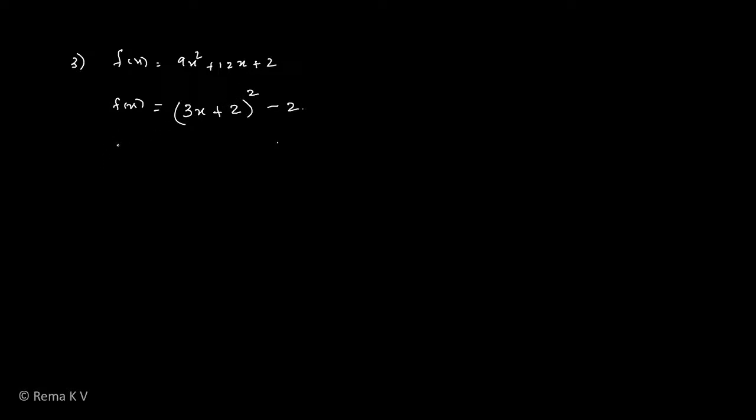Now in this 3x plus 2 the whole square, as it is a perfect square, this is greater than or equal to 0. Subtracting 2 from both sides, we will get 3x plus 2 the whole square minus 2 is greater than or equal to minus 2.